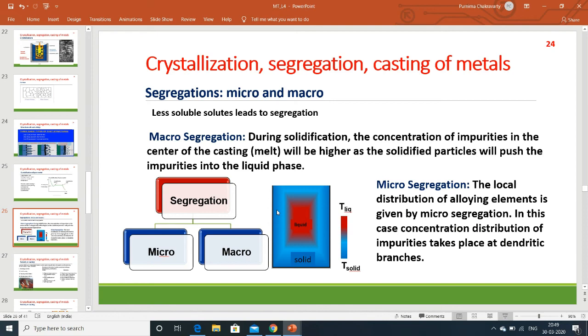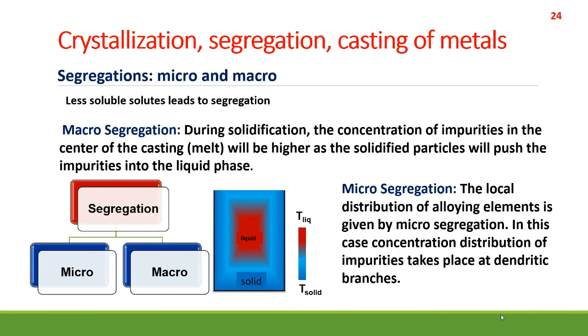So I was discussing that during segregation, the base material always tries to push out these substitutional or interstitial atoms, which form a distortion in the lattice because of their presence.